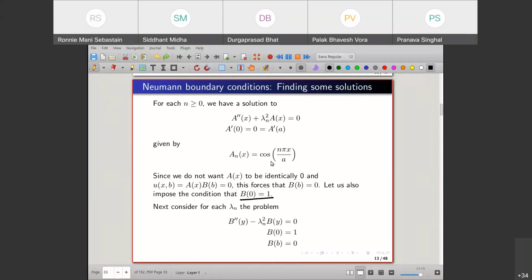Oh yeah, right. If B, let's see. As far as just solving for one n is concerned, we can treat it as a normalization.